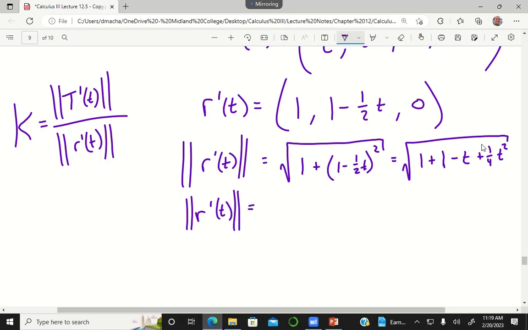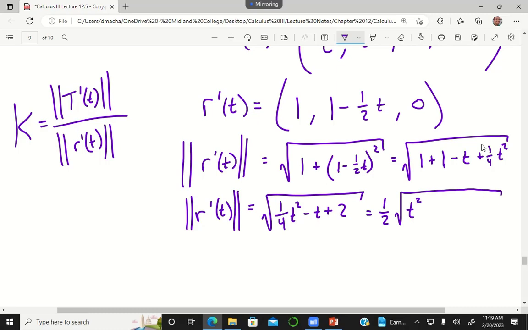Again, stop me if I'm making any mistakes, but I'm just going to rewrite this as square root 1/4 t squared minus t plus 2. I'm going to take the 1/4 out of the radical, and I can do this by saying 1/4 is the same thing as 1/2 squared, and that makes this t squared.